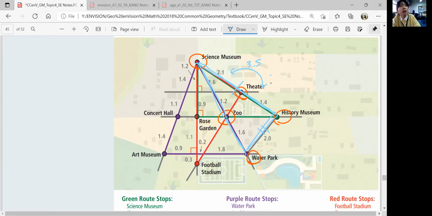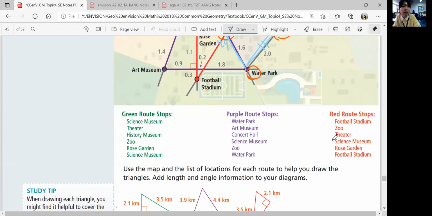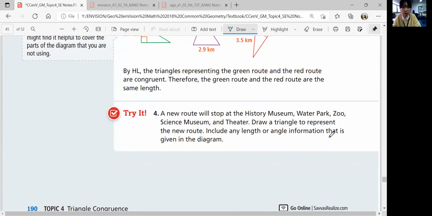Let's figure out the hypotenuse as well. That's going to be 4.4, right? So we're gonna draw that as an answer. We don't really know if it's a right triangle, so we're just gonna put all the sides. 4.4 kilometers, 3.5 kilometers, 2.0 kilometers. Okay, that's it.